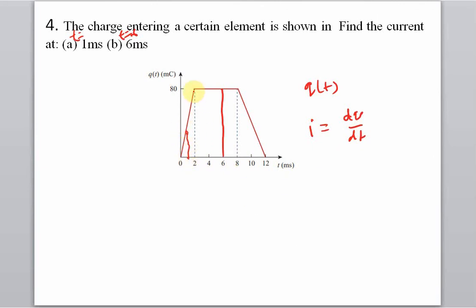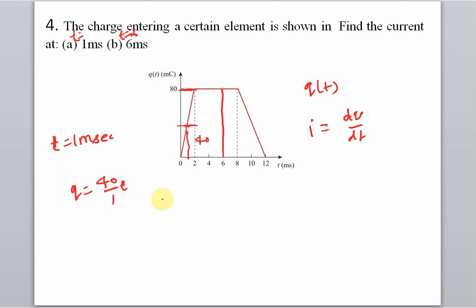If we see this by symmetry, if this one represents 80, then this one represents 40. So we have I equals, at t equals 1 millisecond, q equals 40 divided by 1, t.